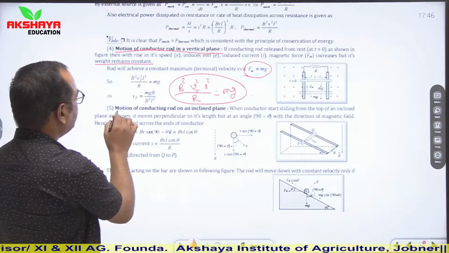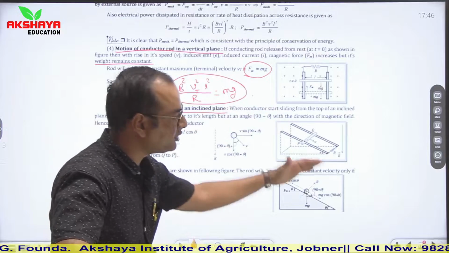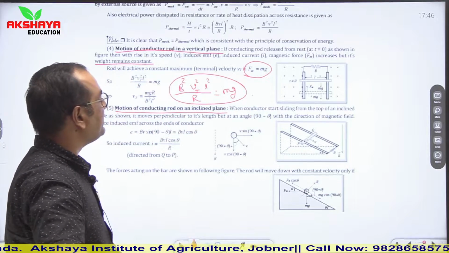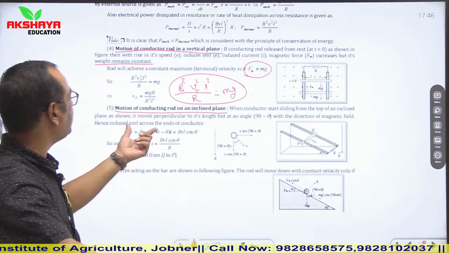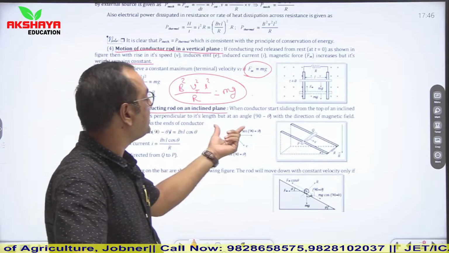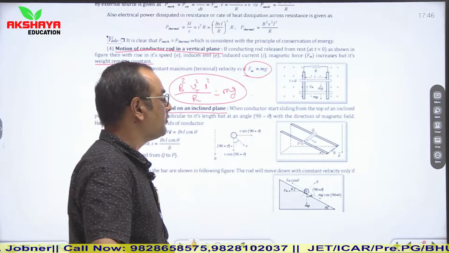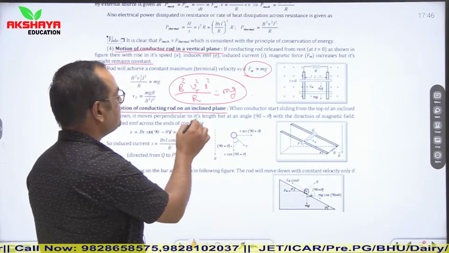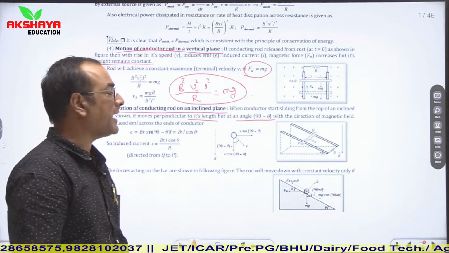Now see the motion of a conducting rod on an inclined plane. When the conductor starts sliding from the top of an inclined plane, it moves perpendicular to its length but at an angle of 90 minus theta with the direction of magnetic field.